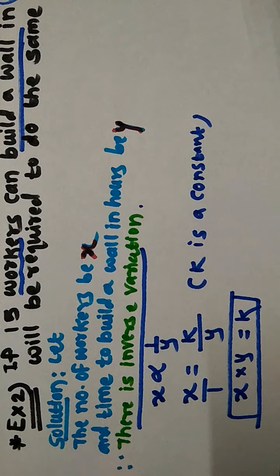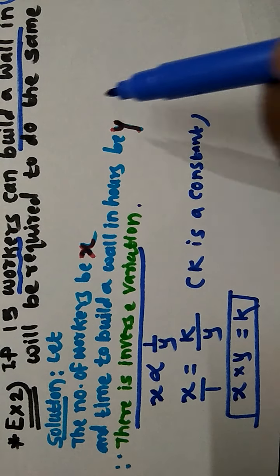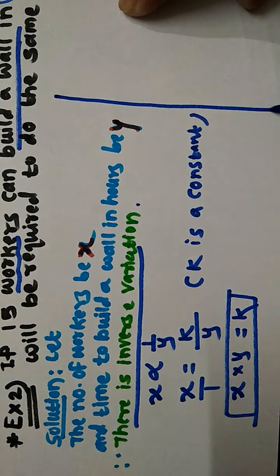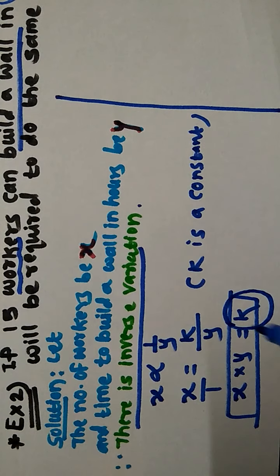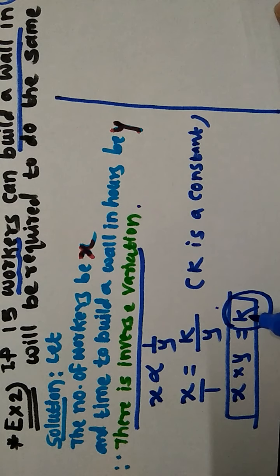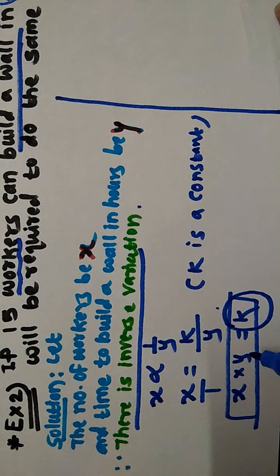This is the given relation. Now to solve, first we find the value of the constant k. Putting this value of k in this equation, we get the equation of variation.